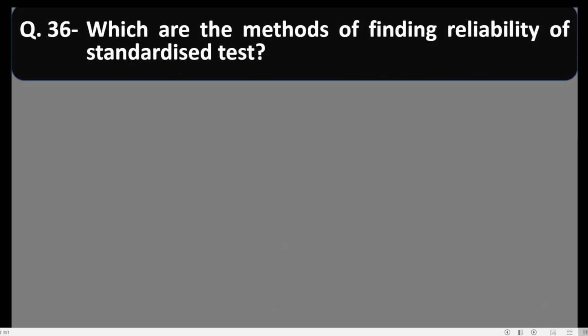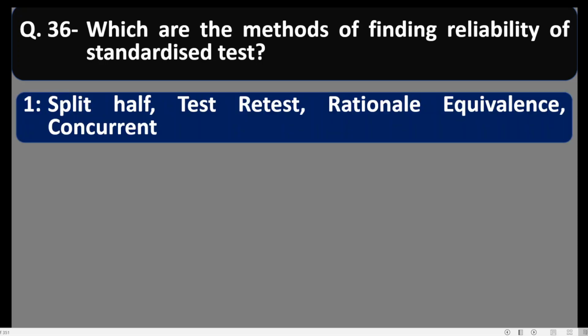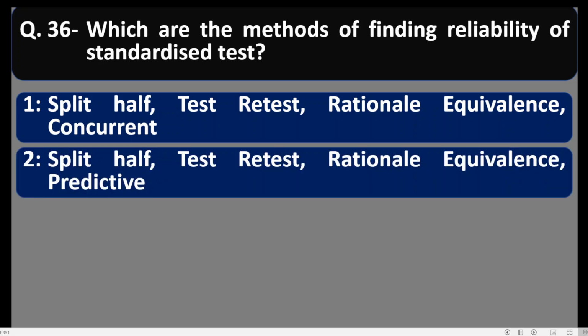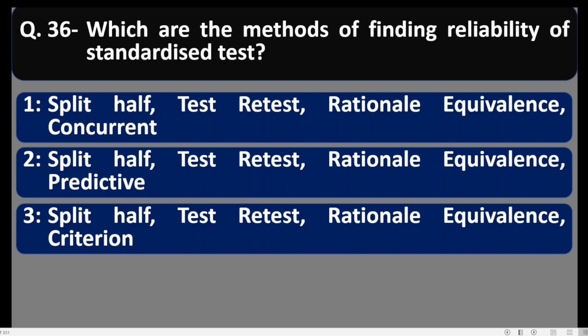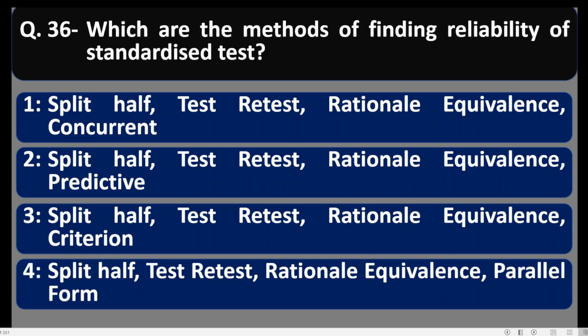Question number 36. Which are the methods of finding reliability of standardized test? See the options: number 1, split half, test retest, rational equivalence, and concurrent. Number 2, split half, test retest, rational equivalence, predictive. Number 3, split half, test retest, rational equivalence, and criterion. Number 4, split half, test retest, rational equivalence, and parallel form. Friends, here we have to see the methods of reliability.